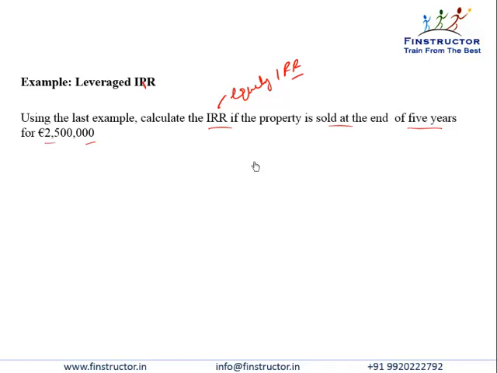Every year to equity, we received a cash flow of 250 minus 150, that is equal to 100,000. We invested to begin with 0.5 million, that is 500,000. We get 100,000 every year.